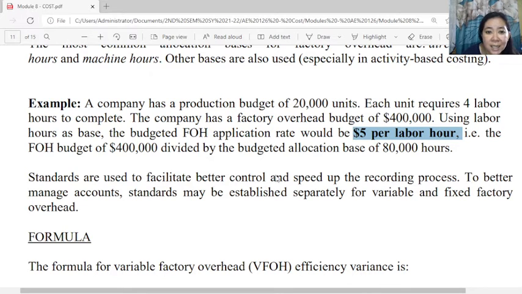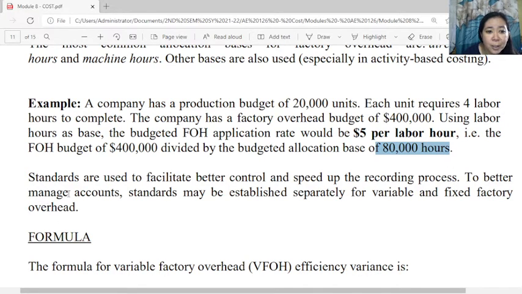Meaning to say, this is 400,000 divided by 80,000 hours, which is 4 direct labor hours times 20,000 units, 80,000 hours all in all.